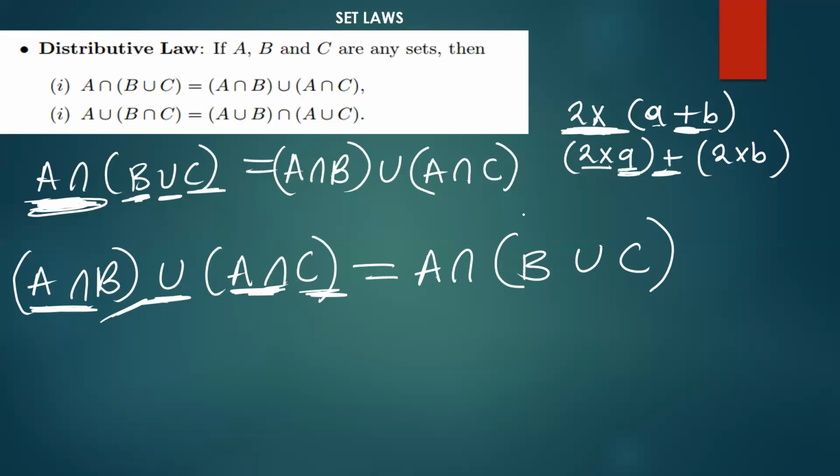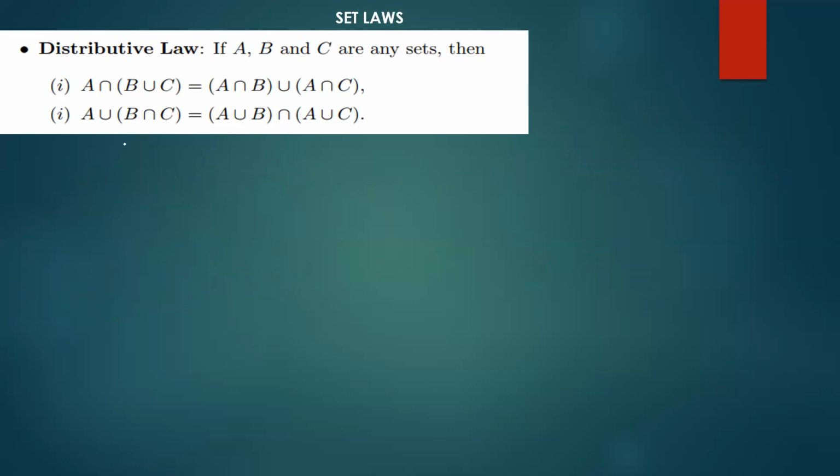So let us also do the same on the second part. The second part, we have A union B intersection C. If this is the question and they ask you to distribute this set, how do you do the distribution?